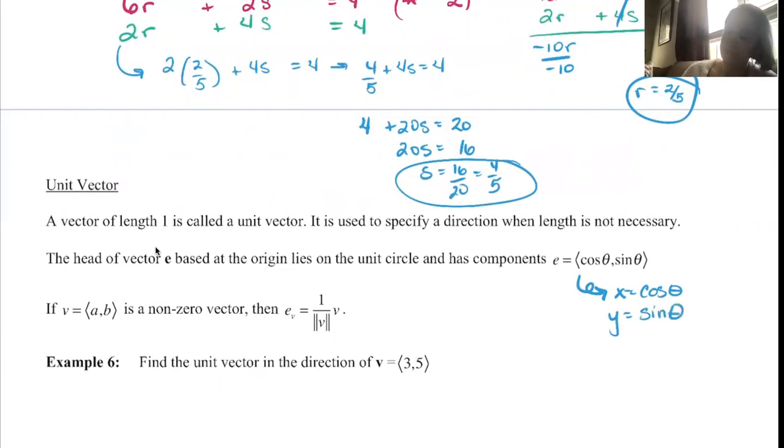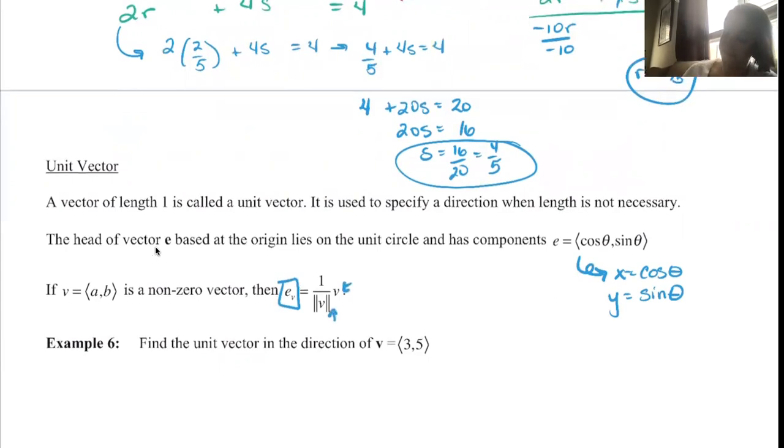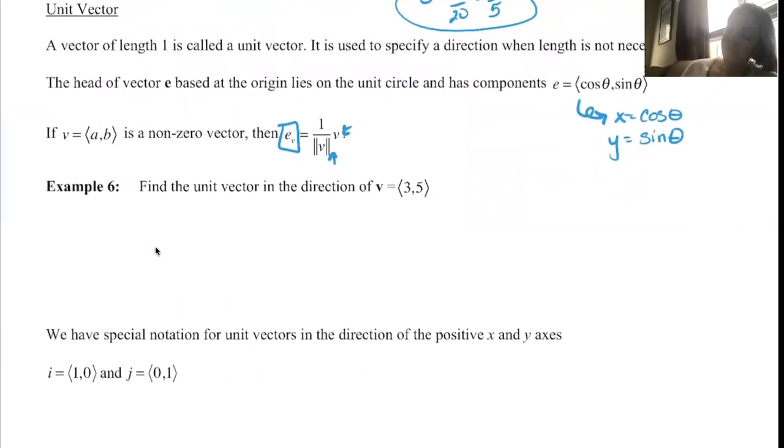Yeah, how about that? If vector v, AB, is a non-zero vector, then e_v, this is my unit vector notation, is that vector divided by the length of the vector. So find the unit vector in the direction of v, which has the components 3, 5.